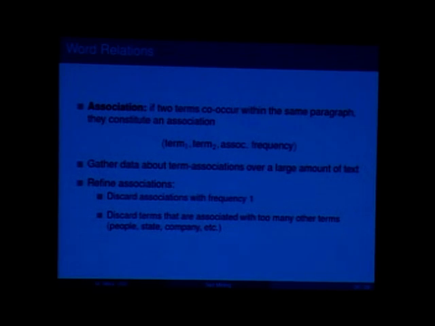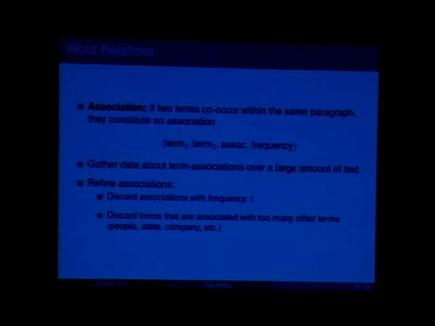Here's what an association is formally in this context. If two terms co-occur within the same context, they constitute an association. The context could be defined as a sentence, a paragraph, or something as loose as a full document. You get the general idea.